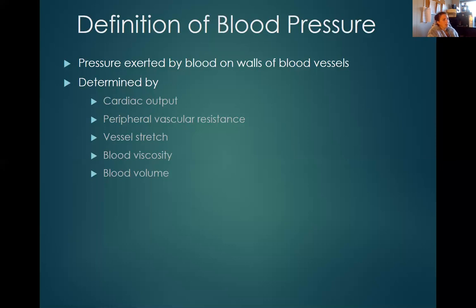Peripheral vascular resistance. So those vessels that we've talked about that maybe are stiffened or hardened because of age or trauma, as those become more stiff, they're going to be less compliant, they're going to have less flex, and so when the force coming from the blood being pumped out by the heart pushes against that wall, it's going to be a little stiffer, which is going to increase the resistance or increase the pressure there.